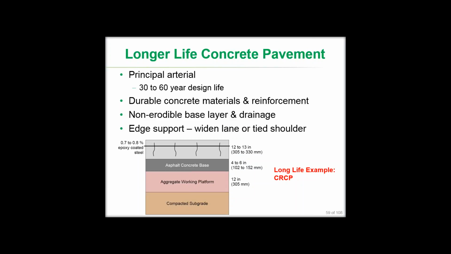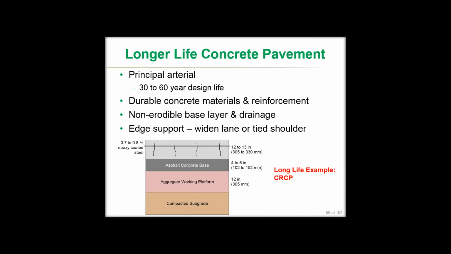Now, if you're moving into a longer life pavement option, and again, as John said, this in general may have the largest benefit as you look at a long horizon, but these would be used primarily on principal arterials, and they are going to require higher quality materials to be built with, more durable materials, both in terms of the concrete materials and reinforcement.